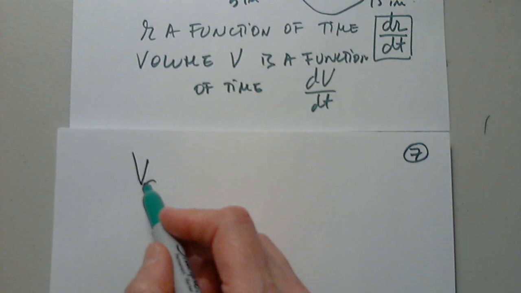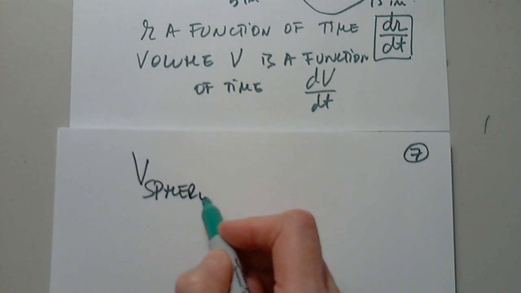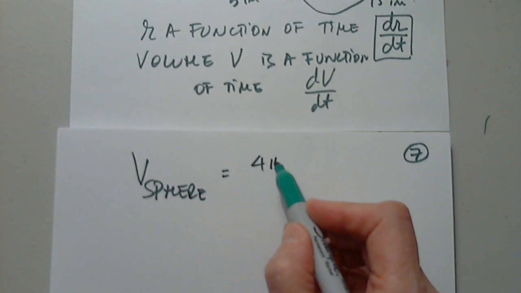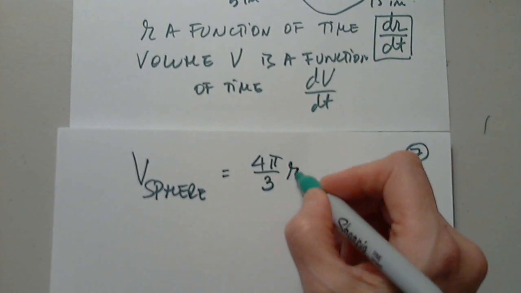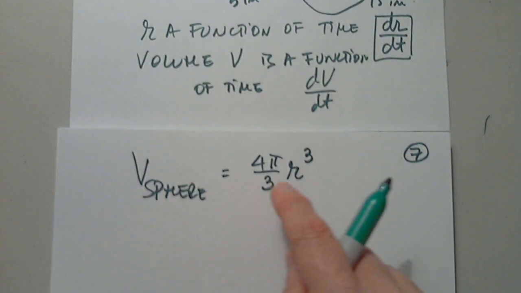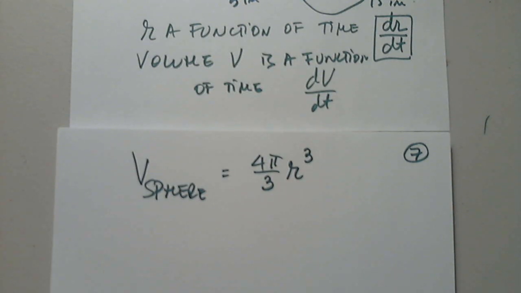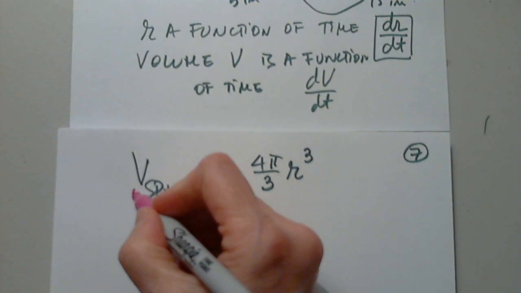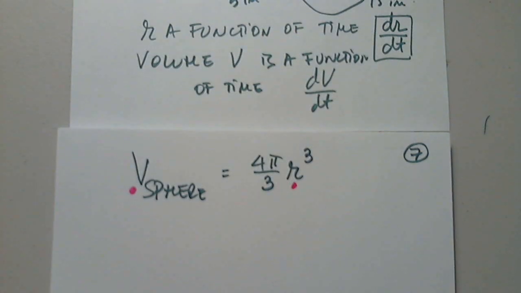So the volume of a sphere is 4 pi over 3 r to the third. Volume, radius. I'm going to put a dot underneath because they are both functions of time.